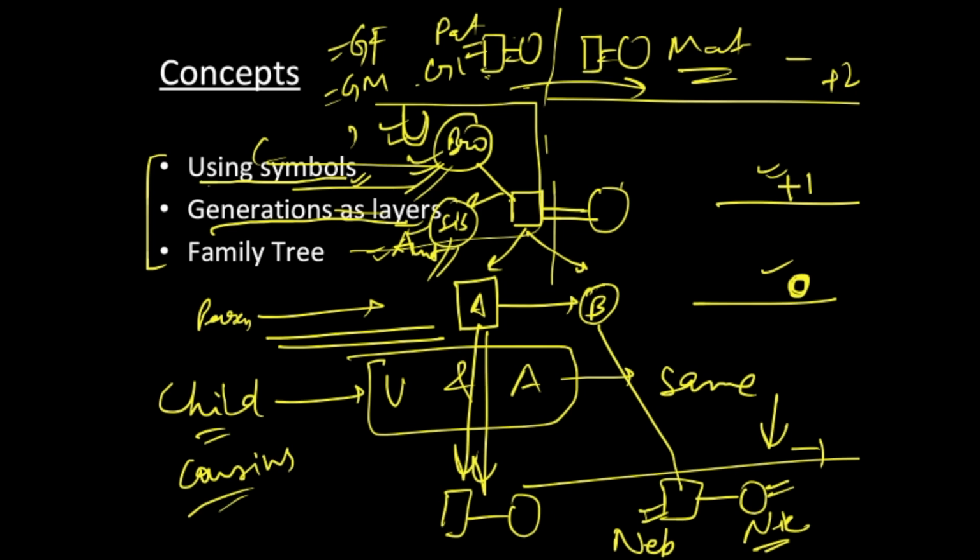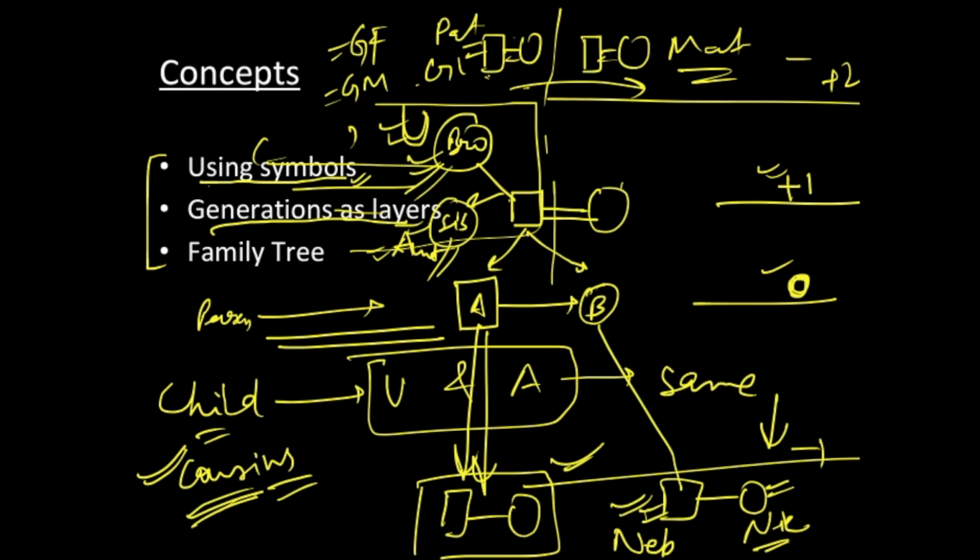The change we are seeing here is that cousin is going to be in the same generation as you, and nephew and niece are going to be in the generation of your children, that is the generation which has come later, right? So this is how you have to remember in which generation or layer your relationship is going to fall.